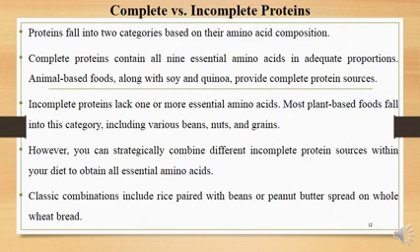However, you can strategically combine different incomplete protein sources within your diet to obtain all essential amino acids. We have the classic combination: rice paired with beans, or peanut butter spread on whole wheat bread.